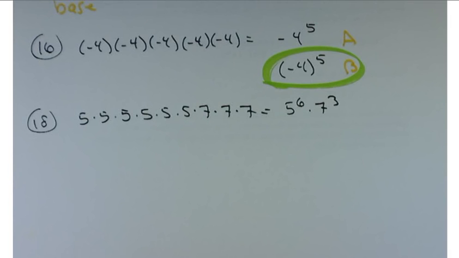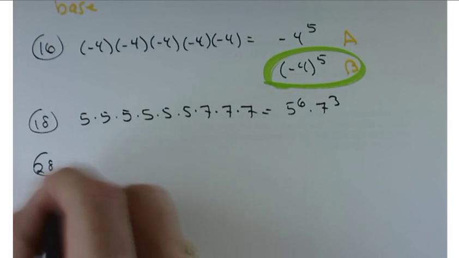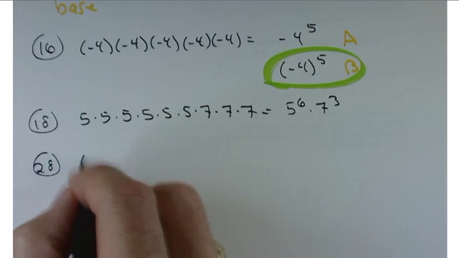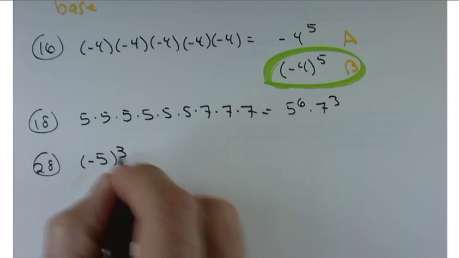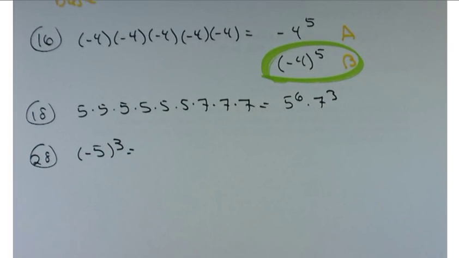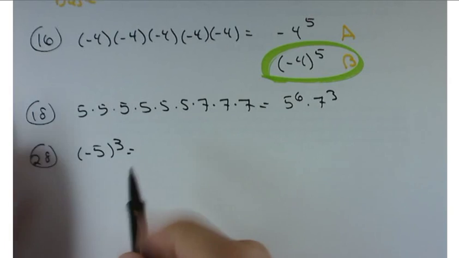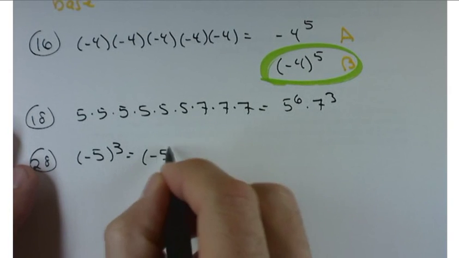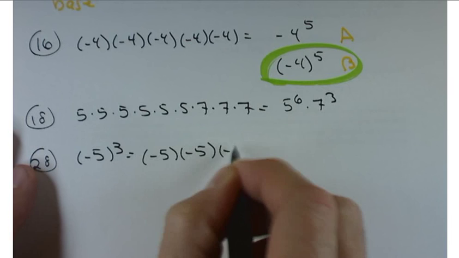Moving on. Problem number 28. This time we're undoing things. We're writing it without the exponents and then trying to simplify it from there. So without the exponents, this would be negative 5 times negative 5 times negative 5.